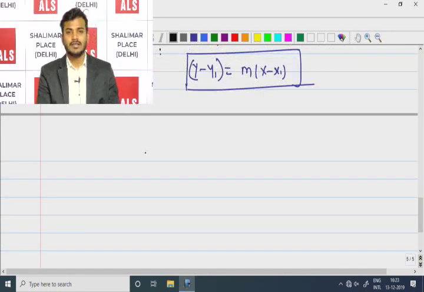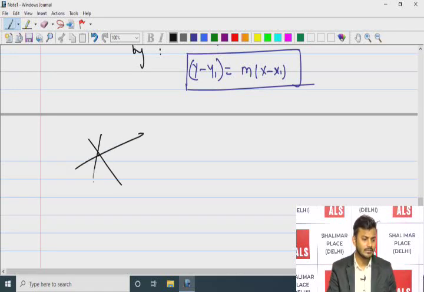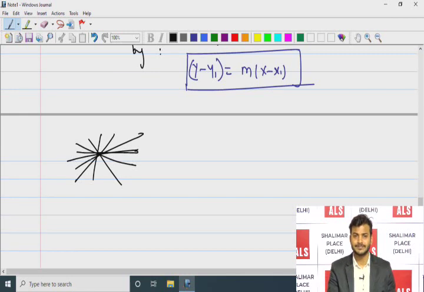My question is, from a fixed point, how many lines can pass through? Start plotting: 1 line, 2 lines, 3, 4, 5, 6, 7, I guess infinite.